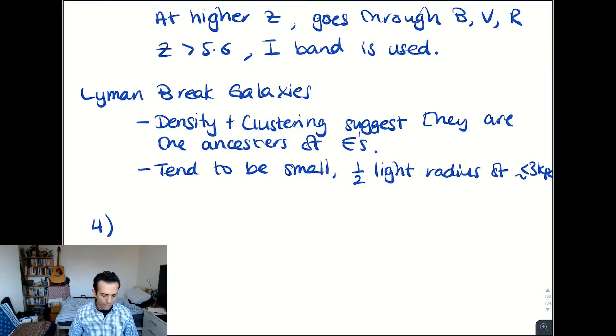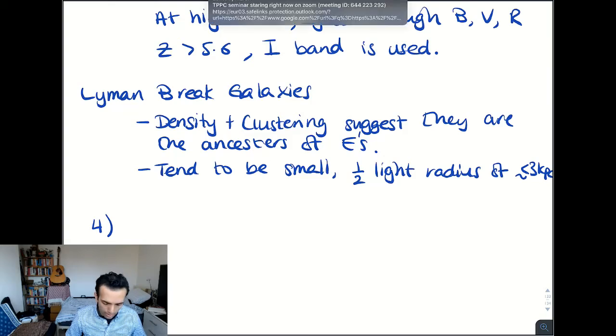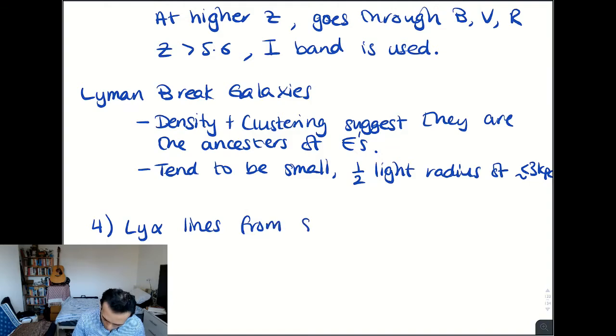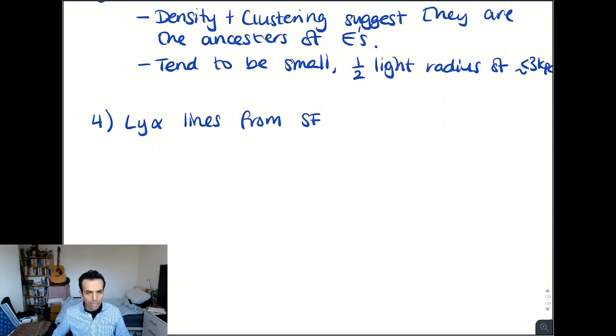What else? How else are we going to find these really early type galaxies? Another method we can use is to look for the Lyman alpha lines directly, from star formation. So this is different to the Lyman break we were talking about previously. The Lyman alpha line is a particular spectral line associated with star formation.